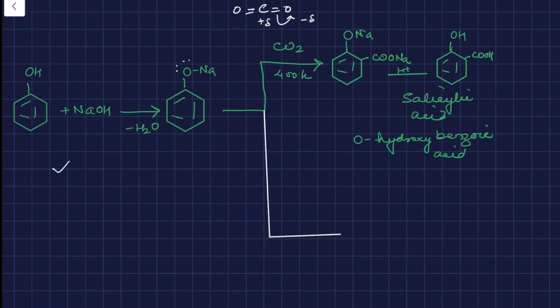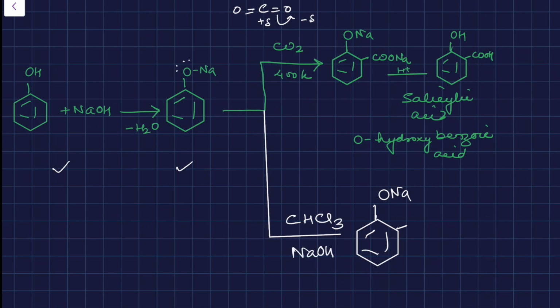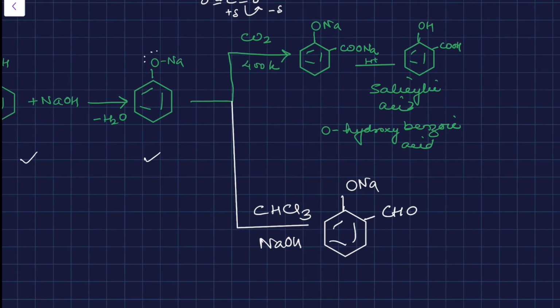The exact same reaction, with these steps remaining the same, if we treat here with chloroform, what we get is ONa, and here we use chloroform and then simultaneously hydrolyze it with NaOH. So what we get here is CHO, which again if we use HCl or any dilute acid, we will get OHCHO.